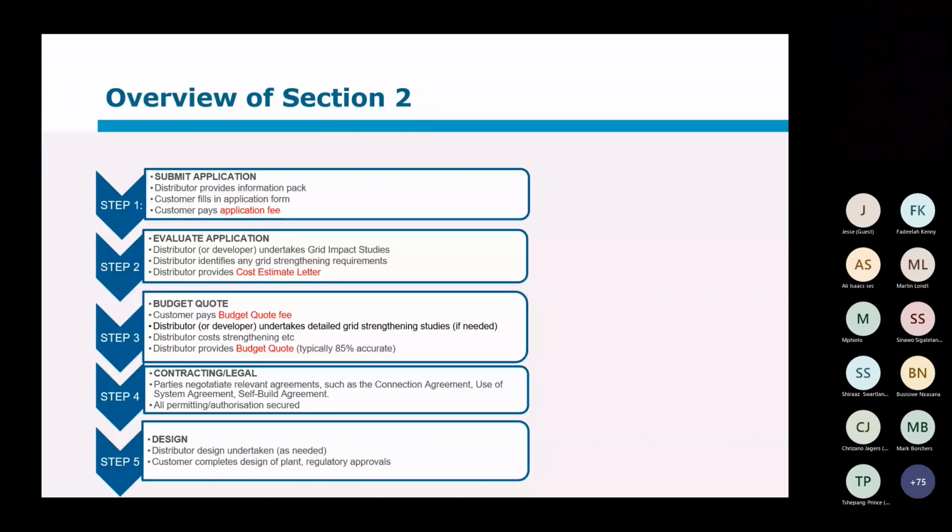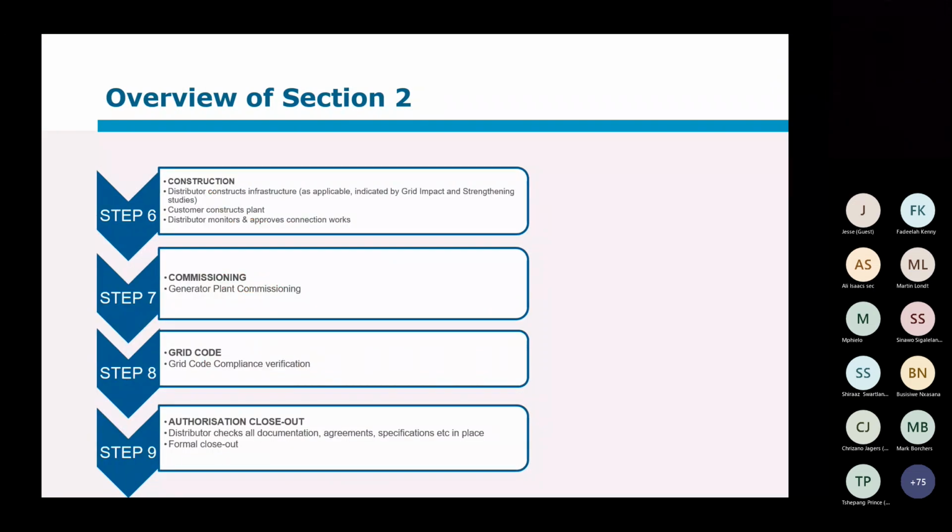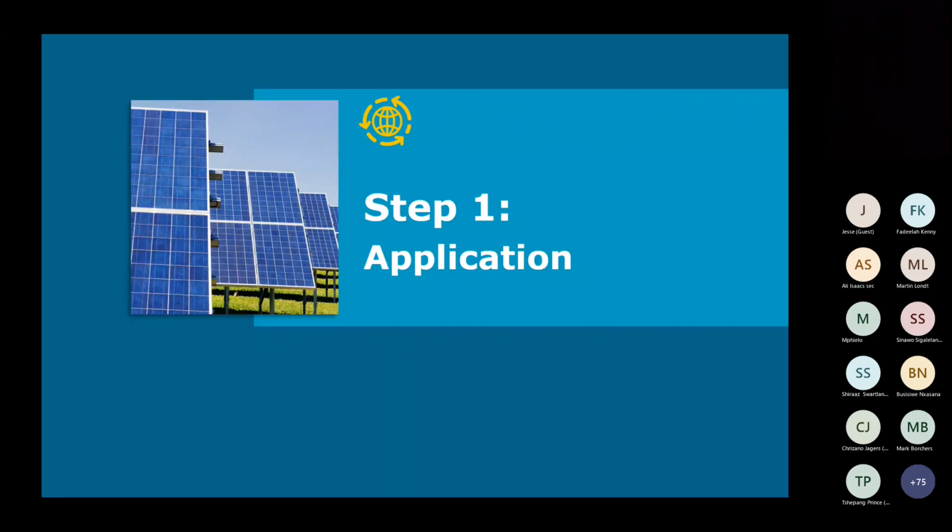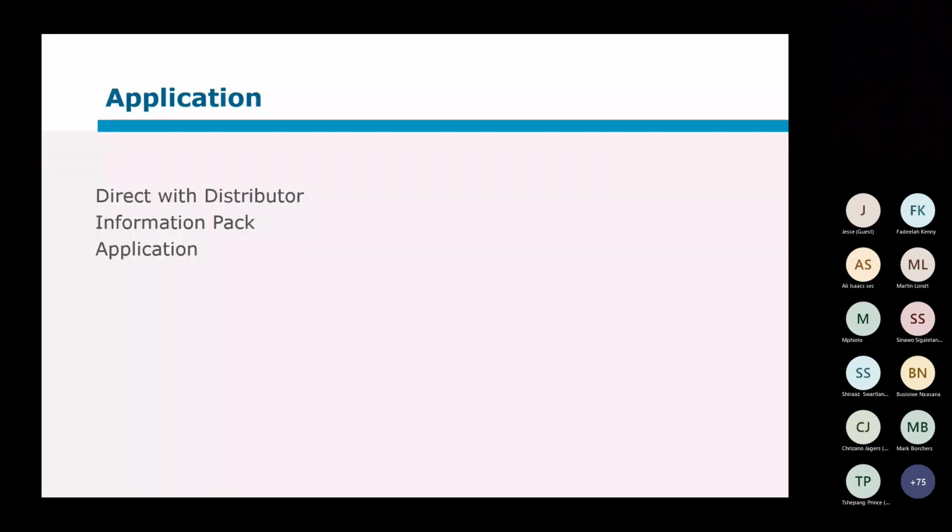So we've discussed this morning. I don't want to go through it in detail again. So the first step, of course, is the application. Now, given that in the past, generators had to be licensed unless they were smaller than 100 kilowatts or similar, I think the perception was that people almost had to start at NERSA, but that is not required.